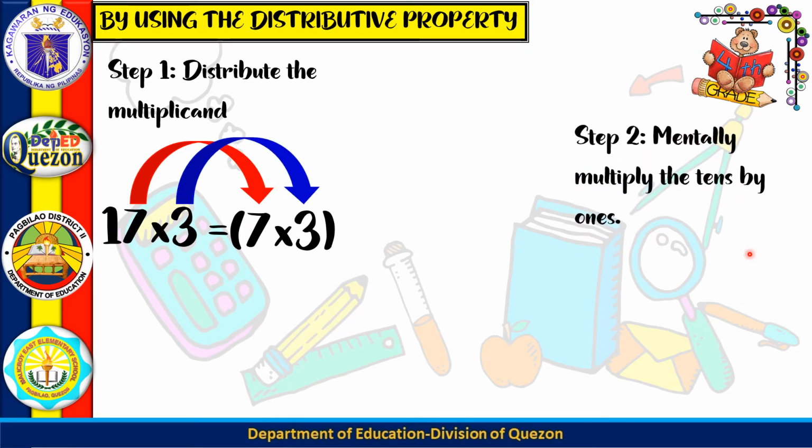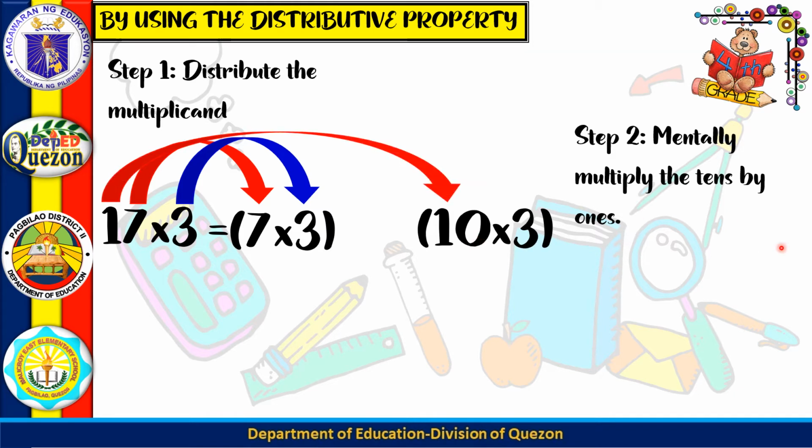Step 2. Mentally multiply the tens by ones. That is 10 times 3. 10 is coming from the 17 or the tens place, and the multiplier. And the operation, we have addition.